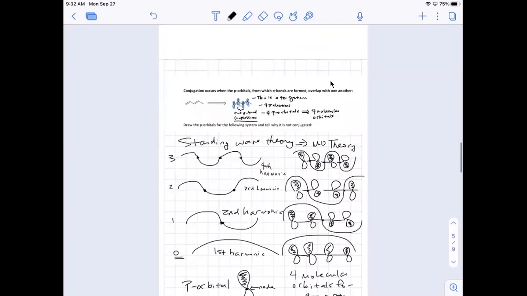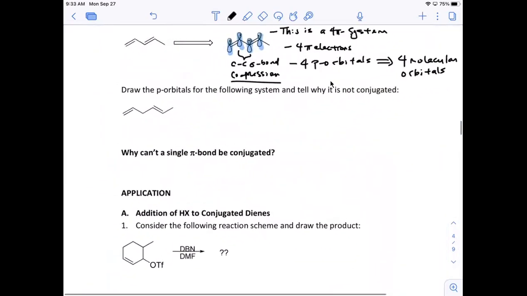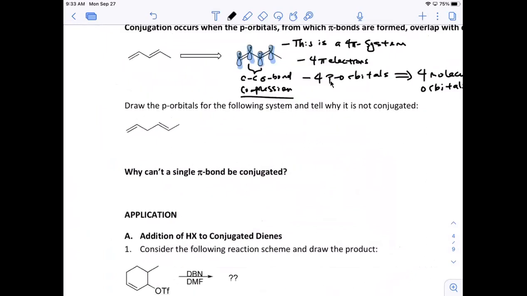So let's go back to here. And it says here, draw the p orbitals for the following system and tell why it's not conjugated. So why is this system not conjugated?